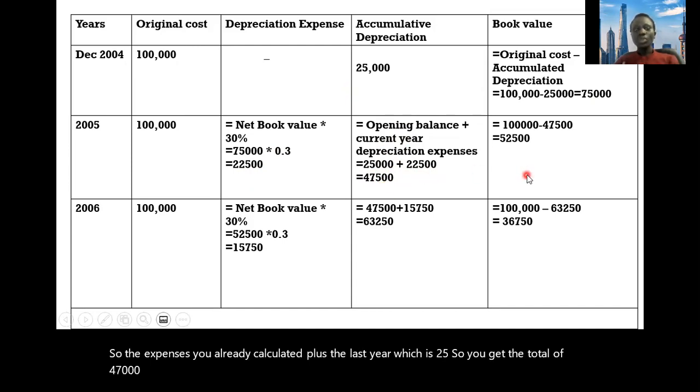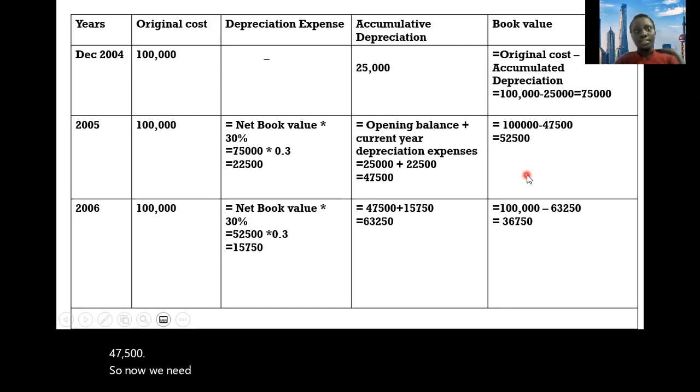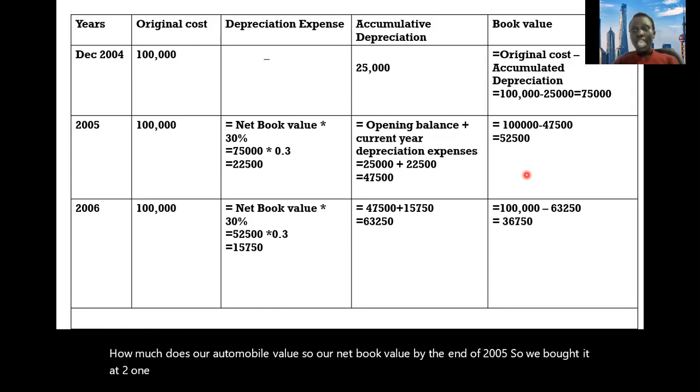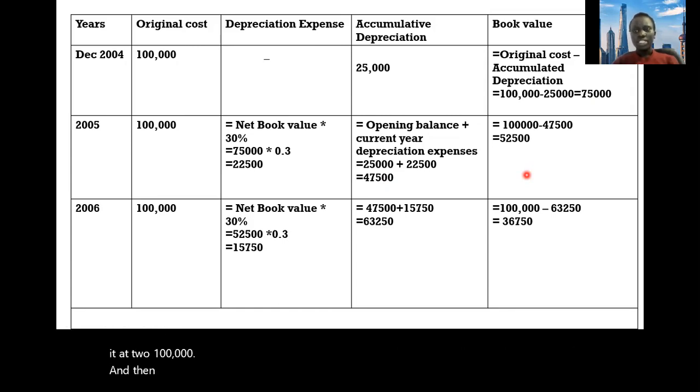So now we need to know how much our automobile is valued at the end of 2005. So we bought it at 100,000, and it has depreciated until this point by 47,500.